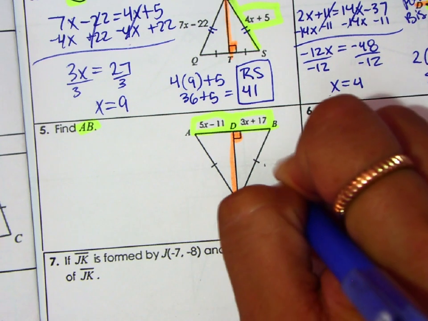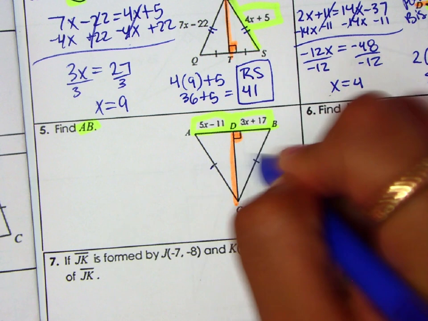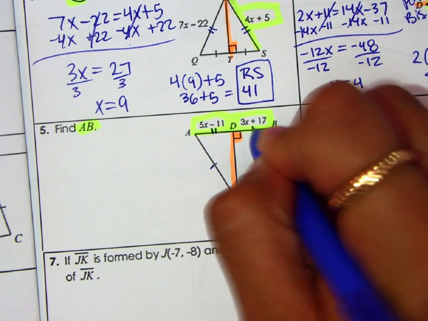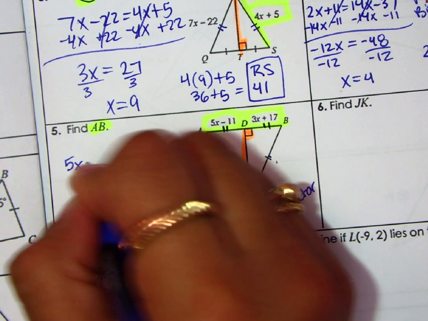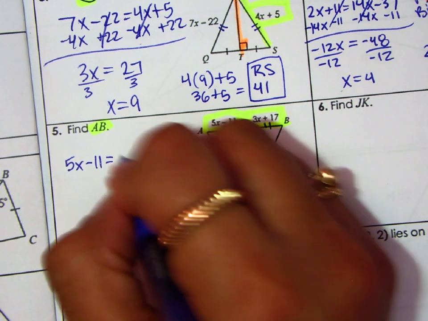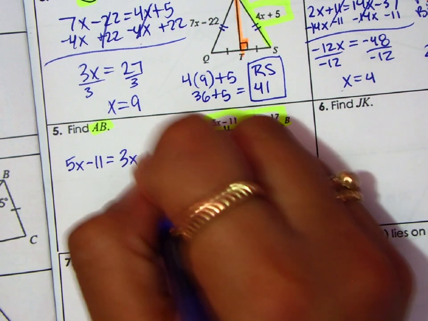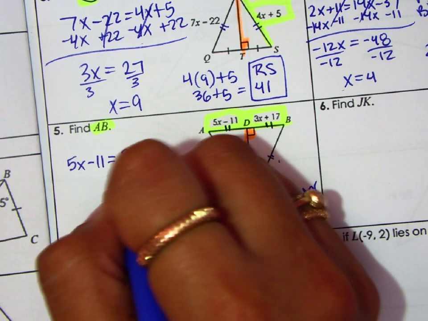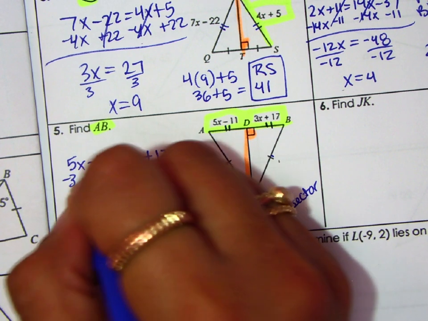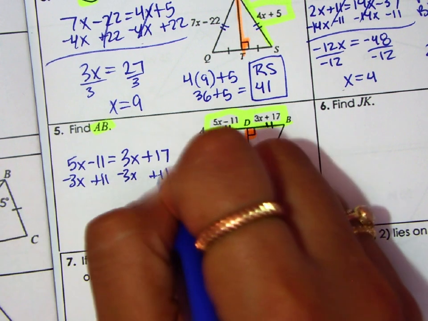And therefore, this means that besides these being equal, also these are equal. So we're going to have 5x minus 11 equals 3x plus 17. And that means we're going to move the x's to one side, move the numbers to the other.